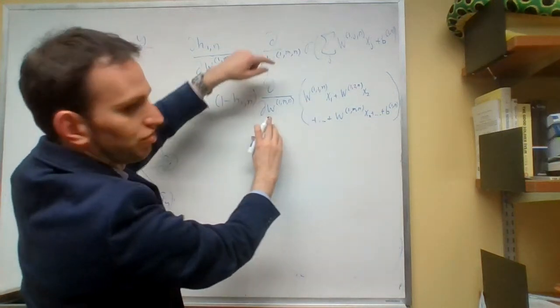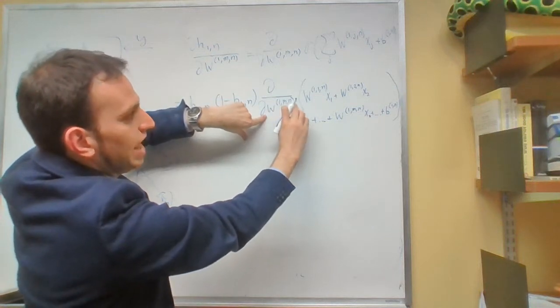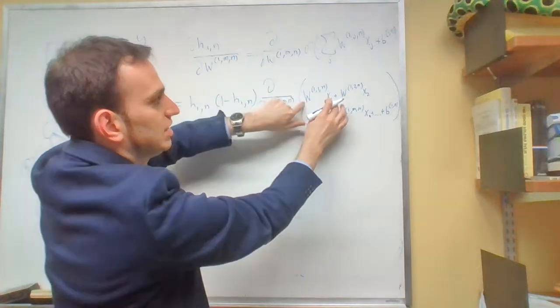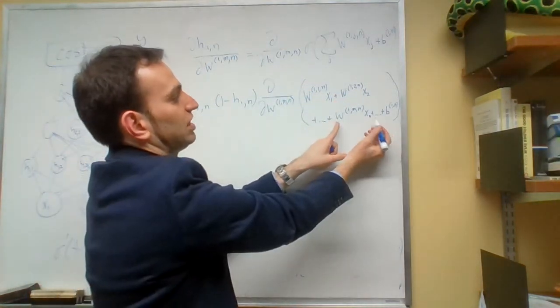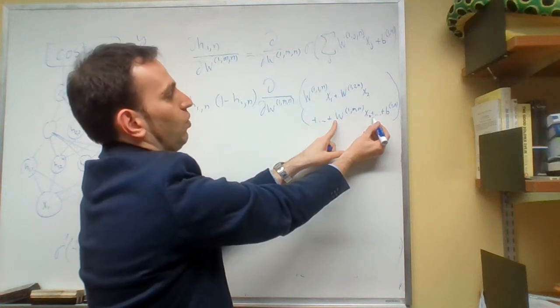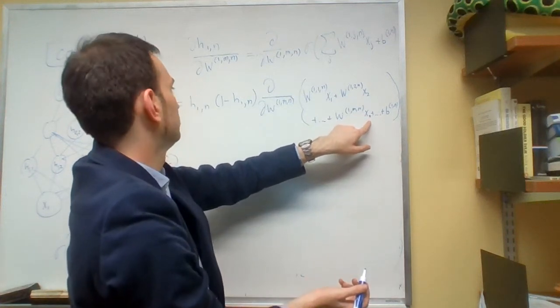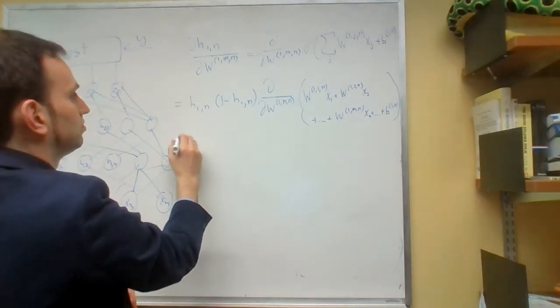So again, the derivative of most of the terms here with respect to w1mn is just going to be 0. So you change w1mn, this guy stays the same, which means that the derivative is 0. The only exception is this guy, where the derivative is going to be just xm.